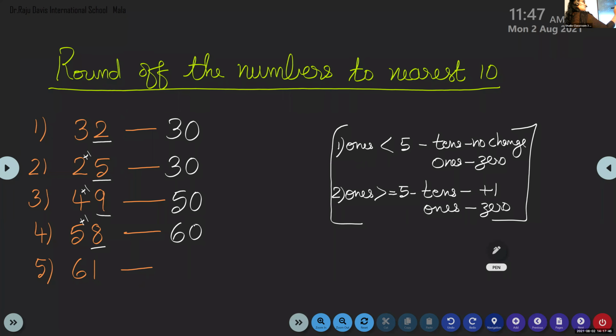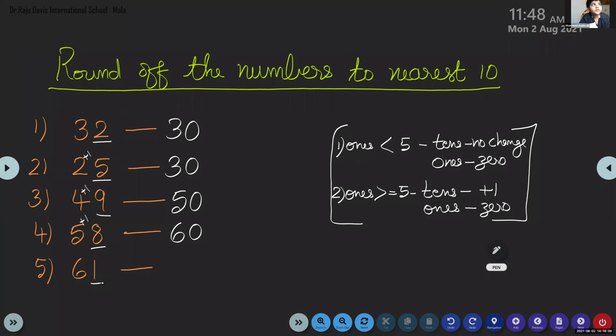Now let me see who. Azim. Yes, ma'am. Fifth one. Which rule? 60. Which rule is to be followed?